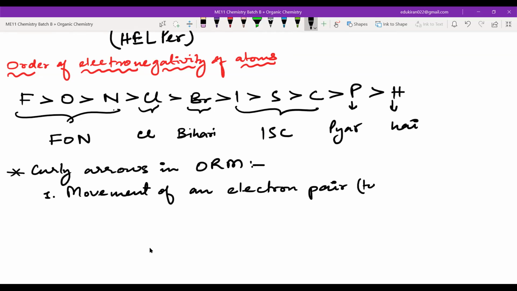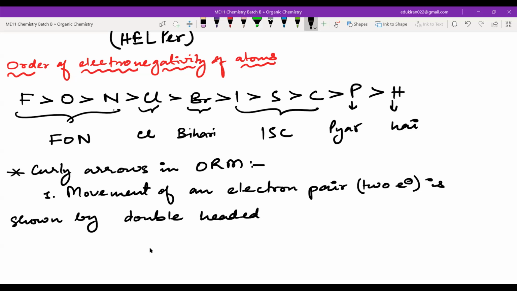That means 2 electrons is shown by a double-headed arrow. Like this. Movement of an electron pair is shown by a double-headed arrow.